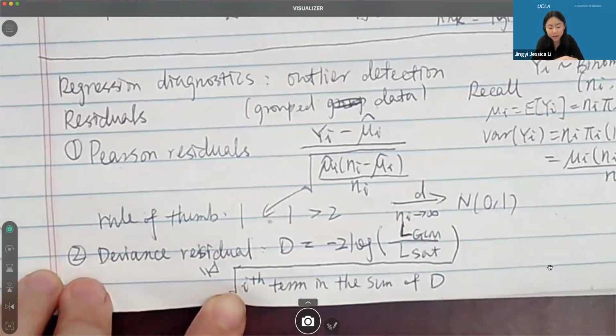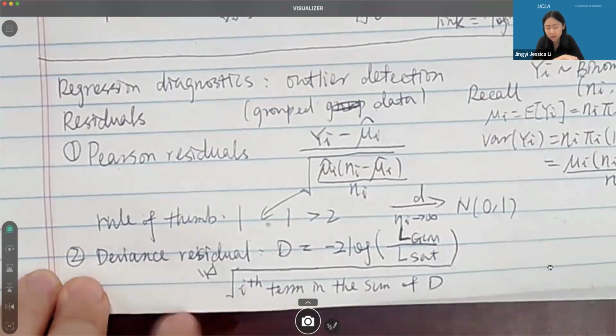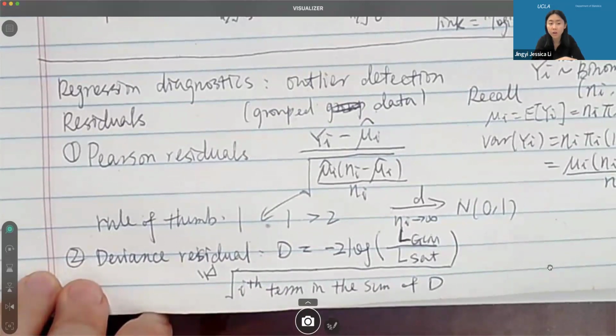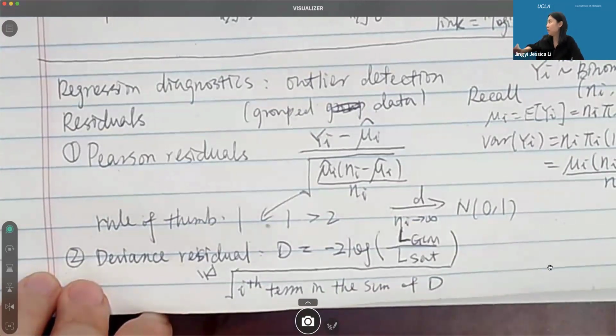But bear in mind that a rule of thumb is never something accurate. It's more like an empirical criterion with some intuition or justification for what we consider big. Ultimately, when you detect outliers and decide whether they should be removed or not, it's always subjective. That's why the domain expertise of your data kicks in here, because you need to decide what you want to keep or throw away.